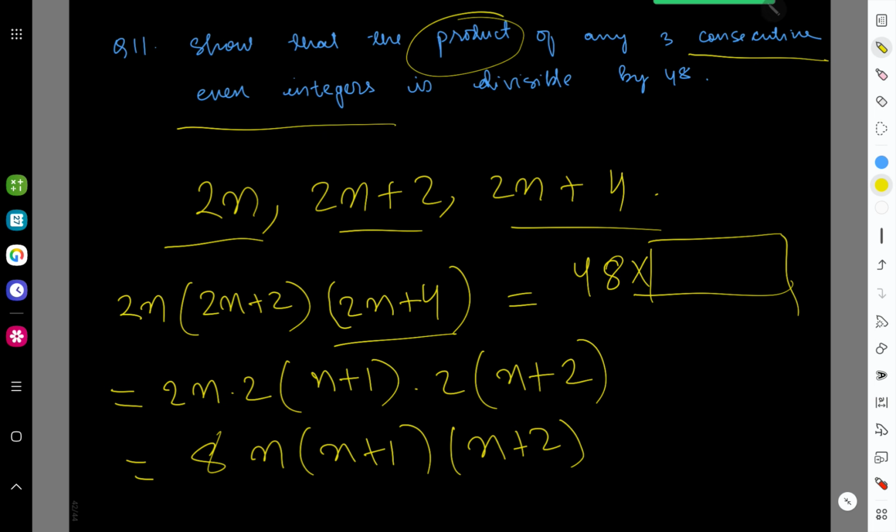Now 8, this is a constant, we don't have to do anything about 8, but when we look at this general form, this is a general form for 3 consecutive integers, and I believe that in the previous video we have come across one such question.